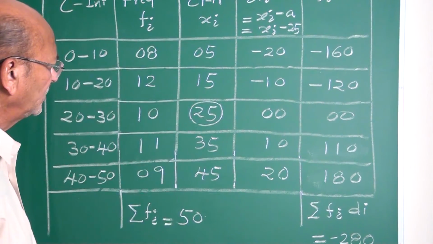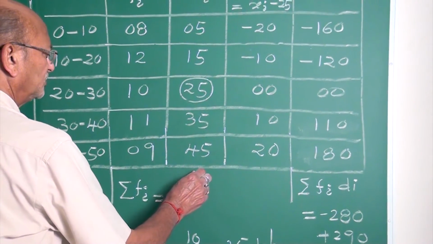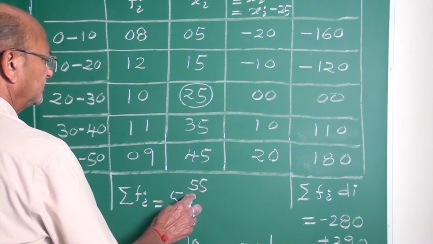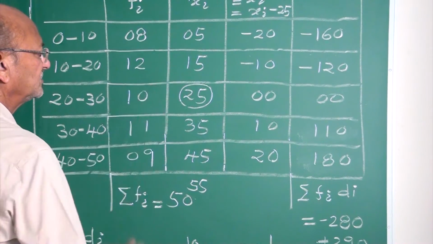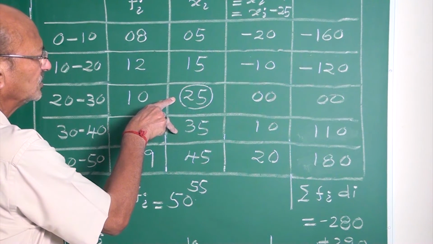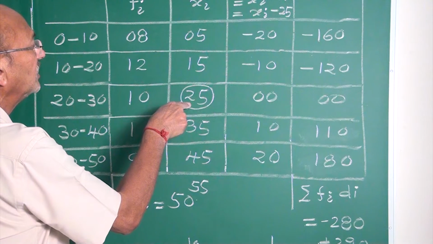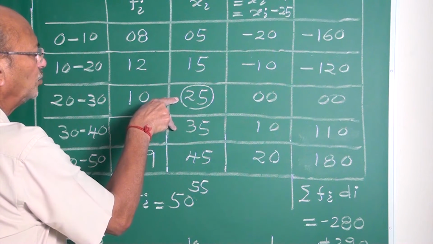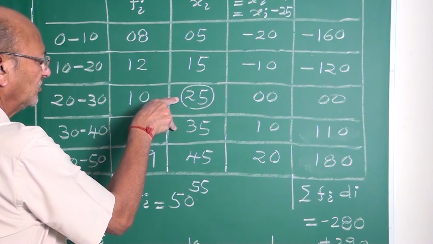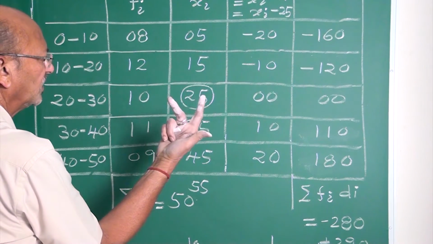Instead of 5 here, if you get 6, one more number, which is 55, this is the sixth one, 3 plus 3, 6. At that time, there are two middle values. Normally, we assume the smaller as the assumed mean. When the number is even, you can take the above or the below, any one.